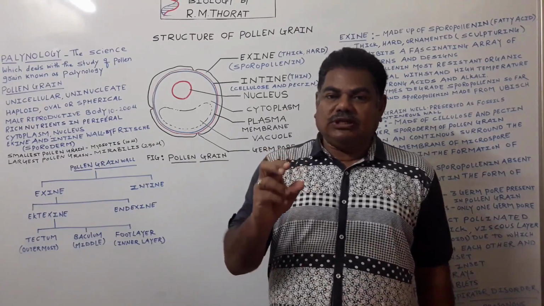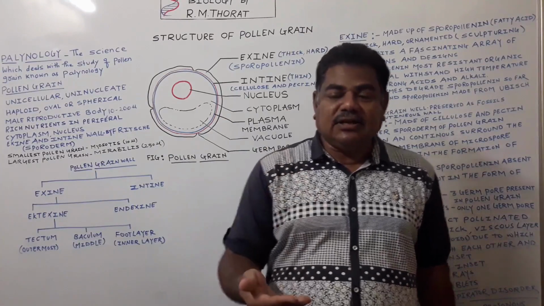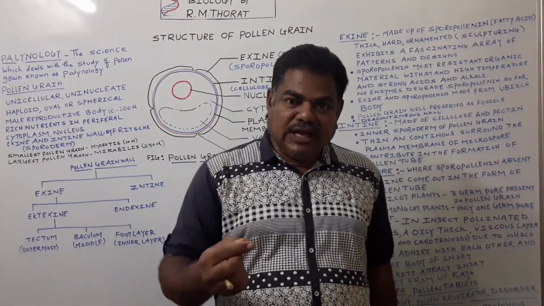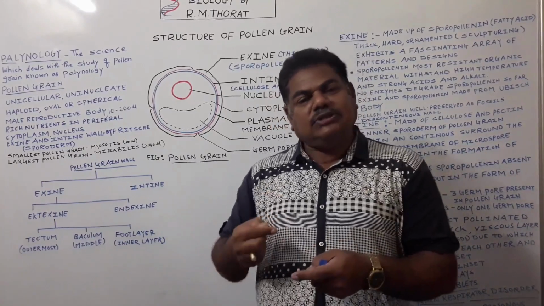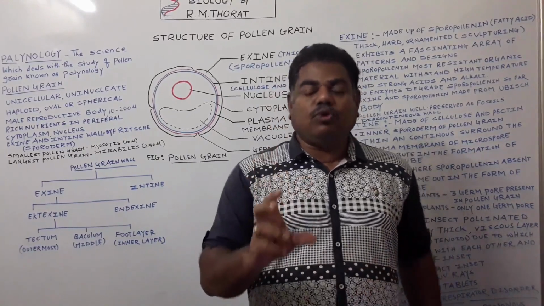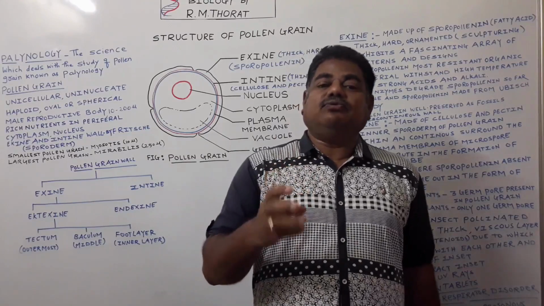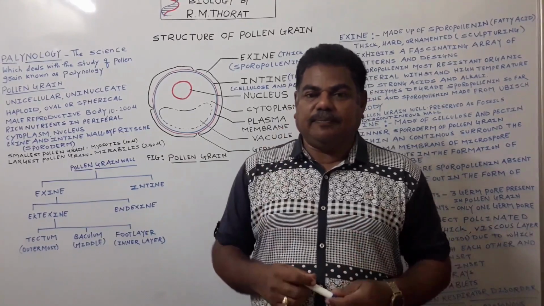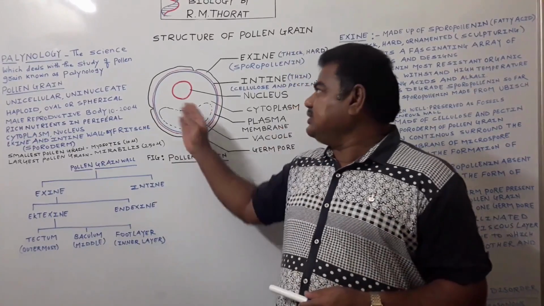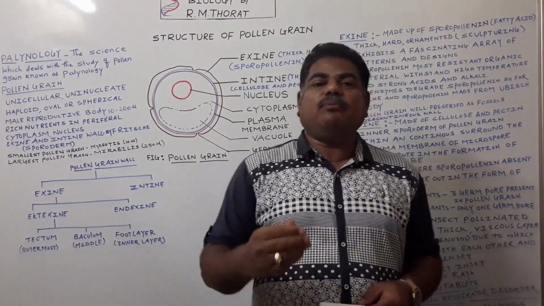From the sporogenous tissue, we get the microspore mother cell or pollen mother cell. By the process of meiosis cell division, four microspores form in tetrad condition, and they get differentiated into the structure we call a pollen grain.